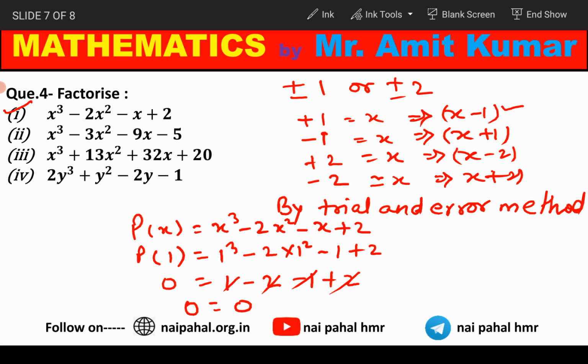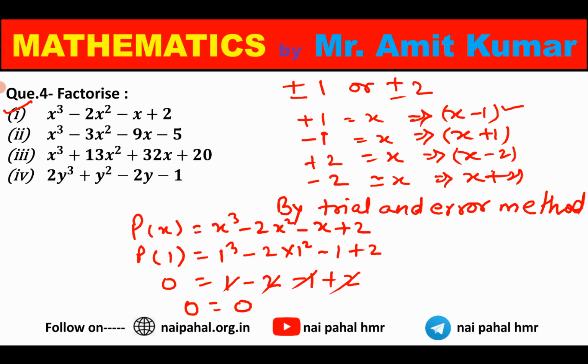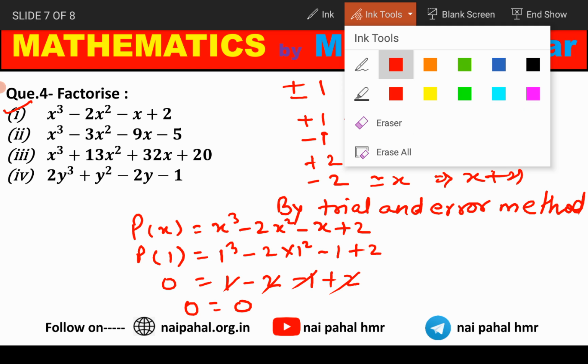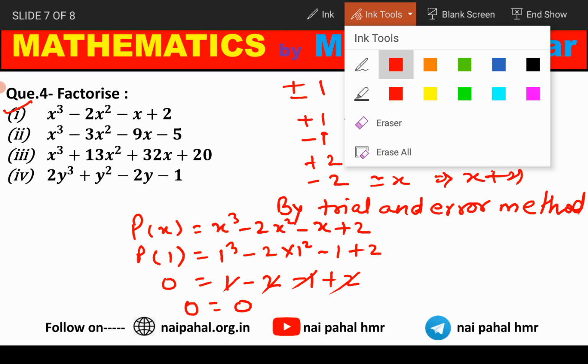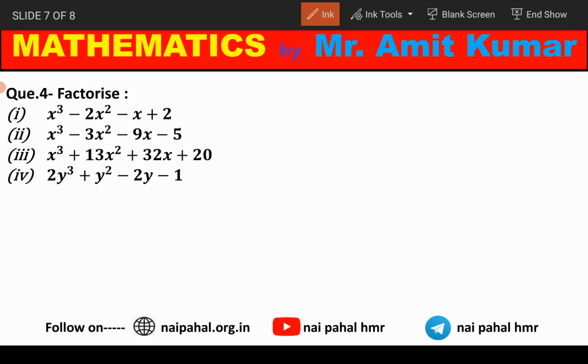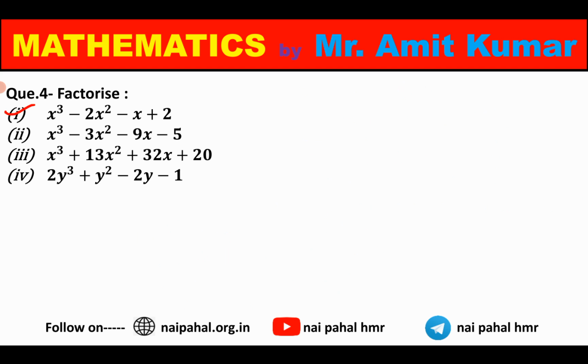So it means it may be plus 1, minus 1, plus 2 or minus 2. These are the values for x. By which method can we check them? We have to use the trial and error method.